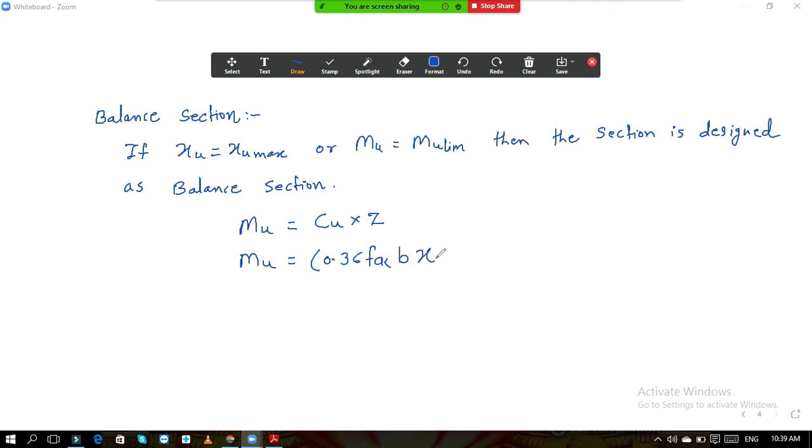Instead of xu, here it is xu max. Remember this, into, because it is a balanced section, z is nothing but the lever arm, d minus 0.42 xu max. So here you should not use xu, write xu max in the balanced section.